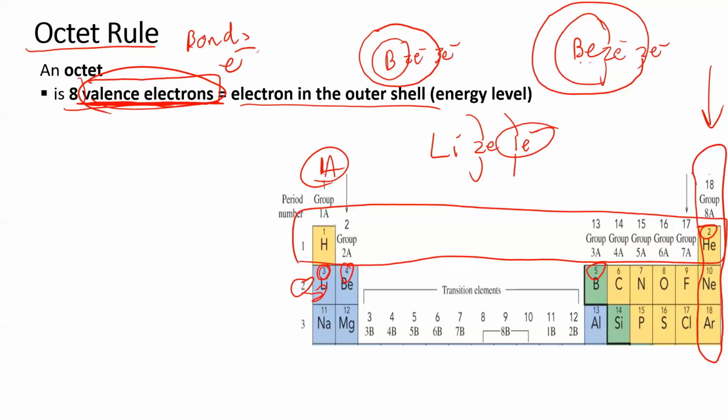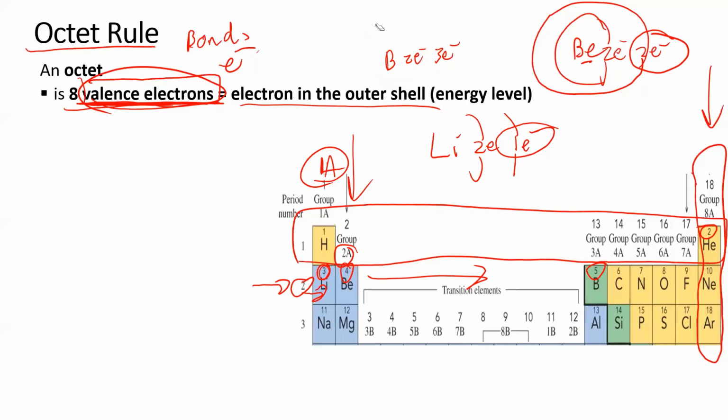If I go to beryllium, it's in group 2A. Why? It has 2 valence electrons, so 2 electrons in its outer shell. And they're in the second period. So that's why beryllium's in the second row, second period, that's left to right, and it's in the second column, or group, because it has 2 valence electrons.